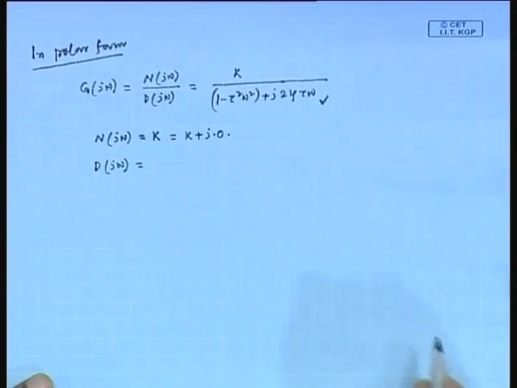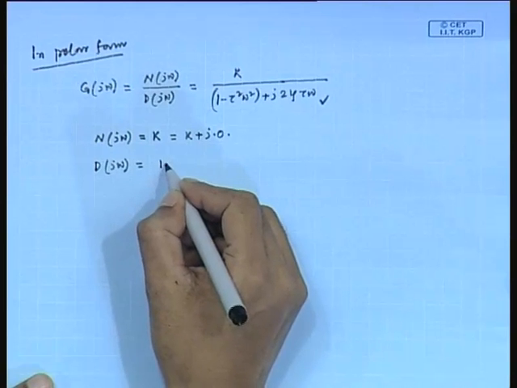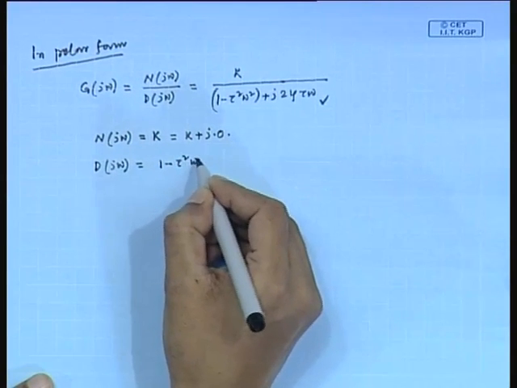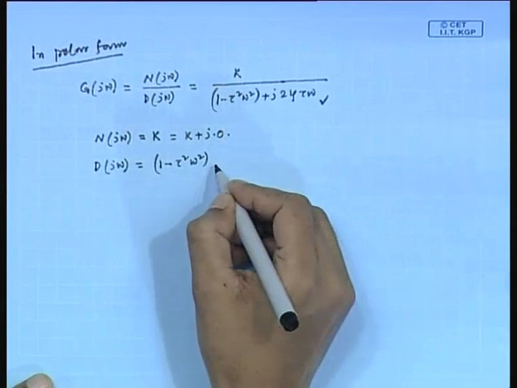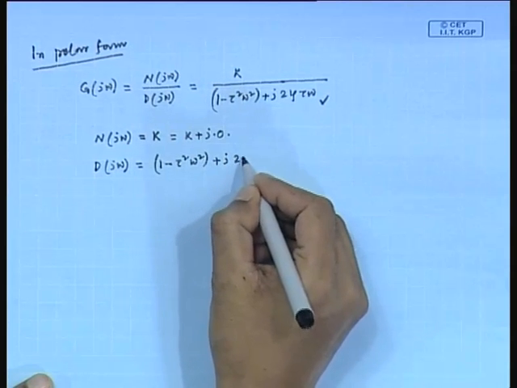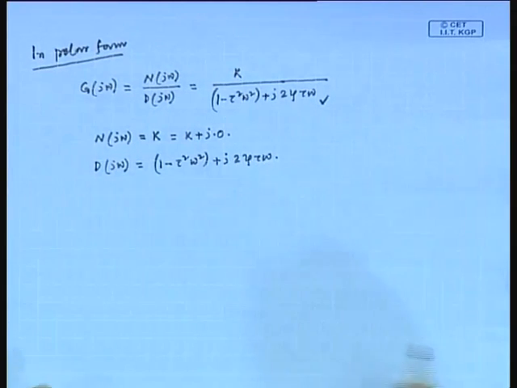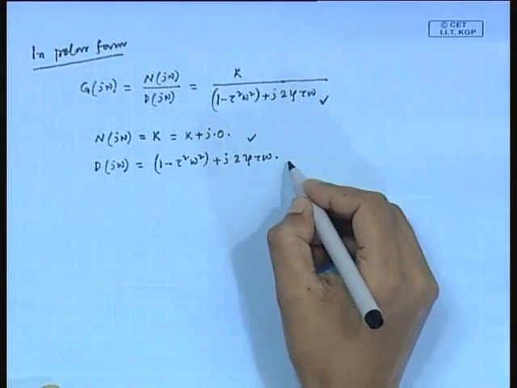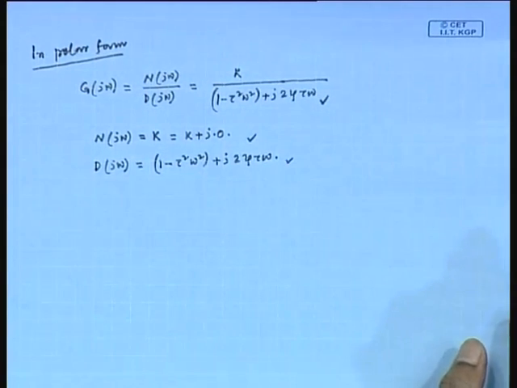Similarly, the denominator term we can write as 1 minus tau square omega square plus j 2 zeta tau omega. This is the numerator, this is the denominator of the frequency response transfer function.